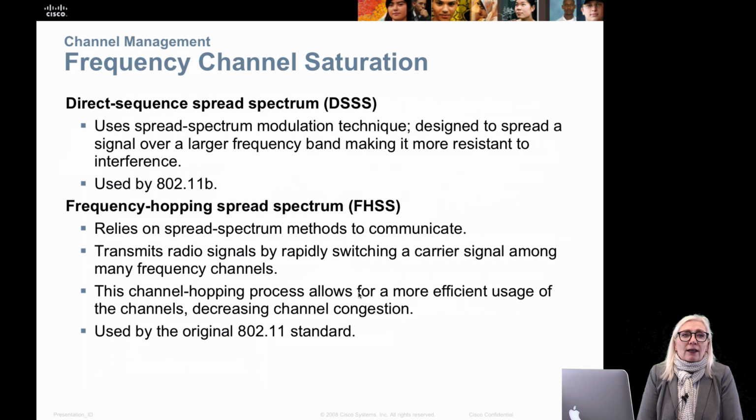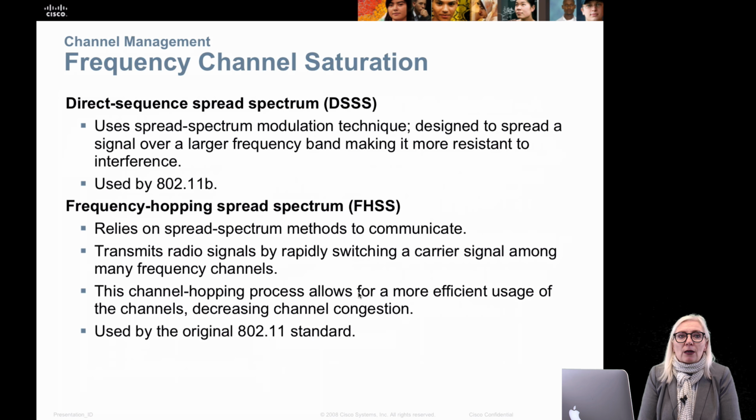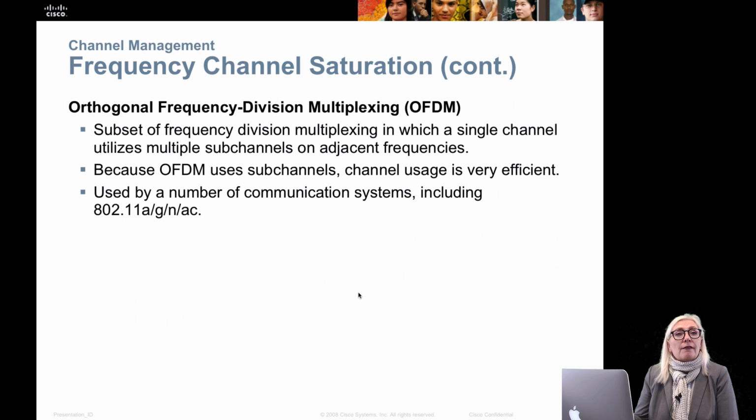Another way of modulation is the frequency hopping spread spectrum. Here, instead of just operating on one channel, we operate on different channels and therefore use the channels more efficiently. This is used by the original 802.11 standard.